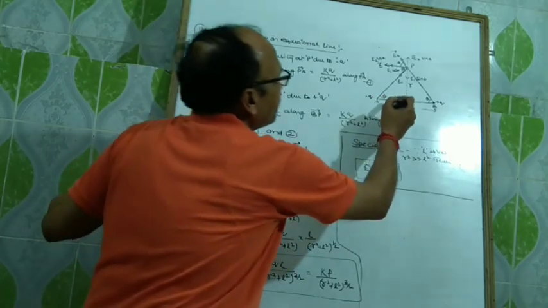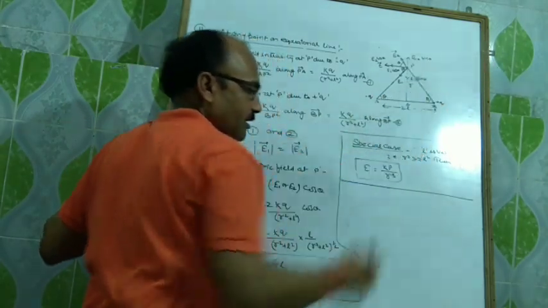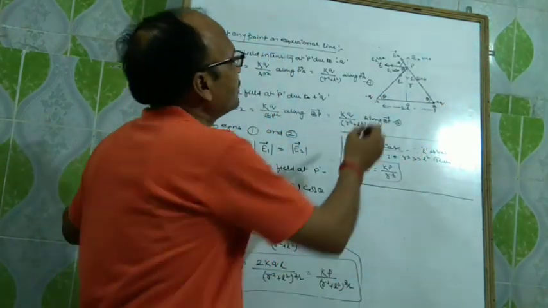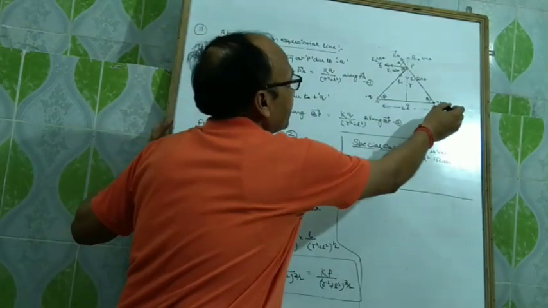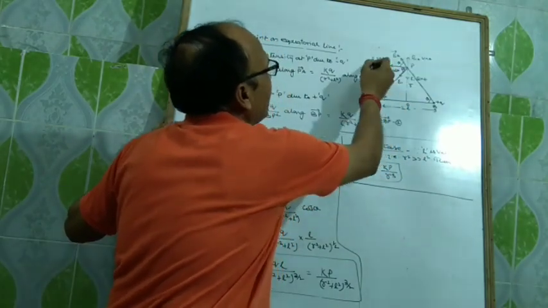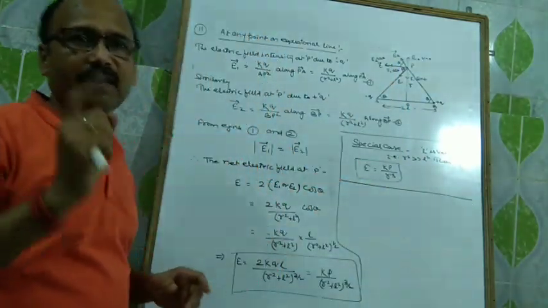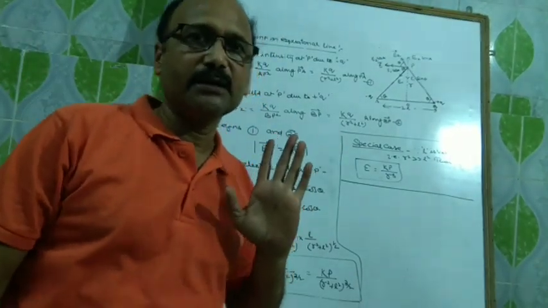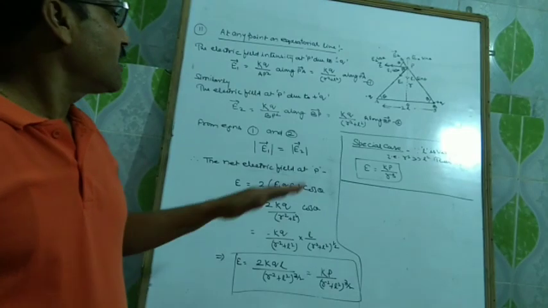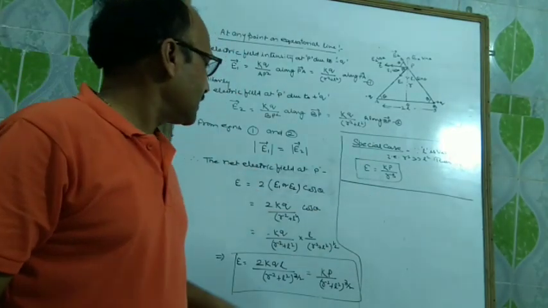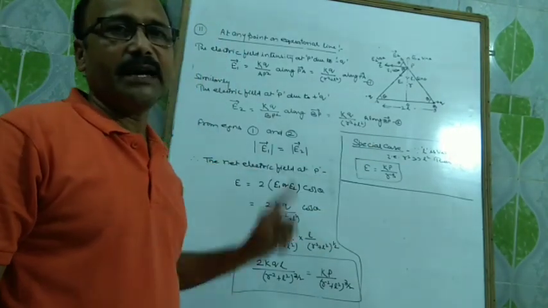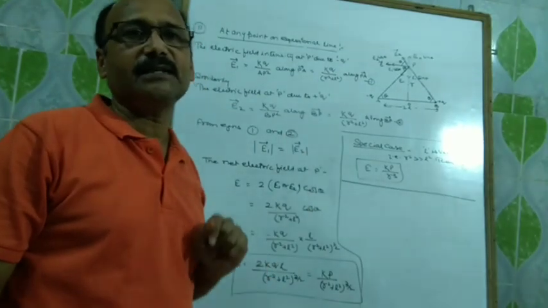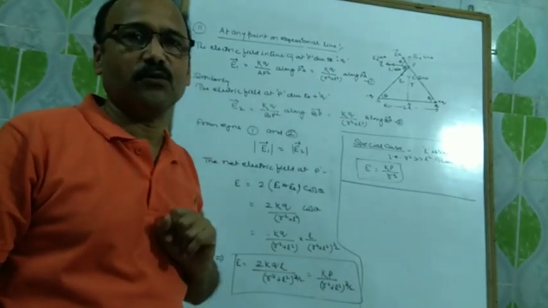On the axial line, the direction of electric field was from left to right, while here it is right to left. It means the angle between them becomes 180 degrees. Clear?